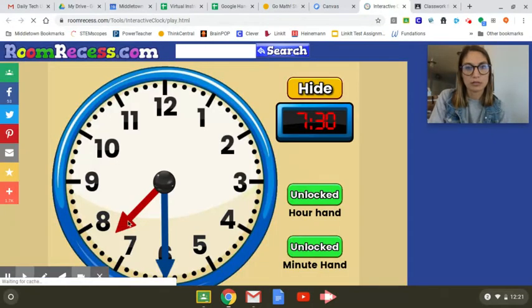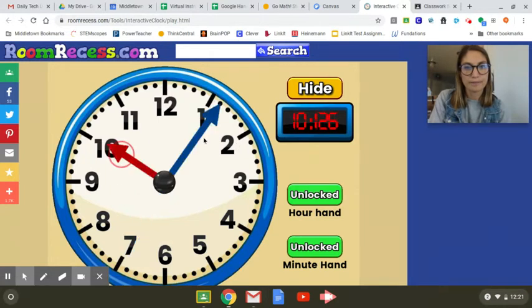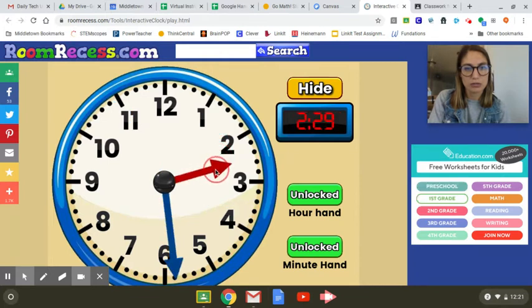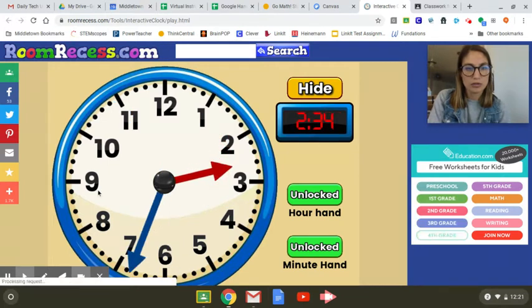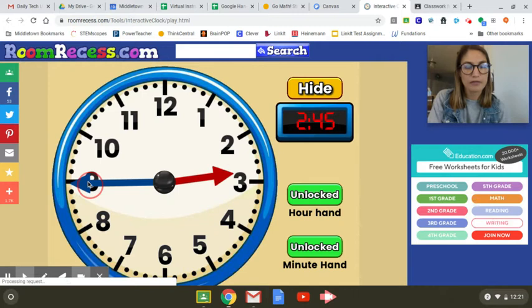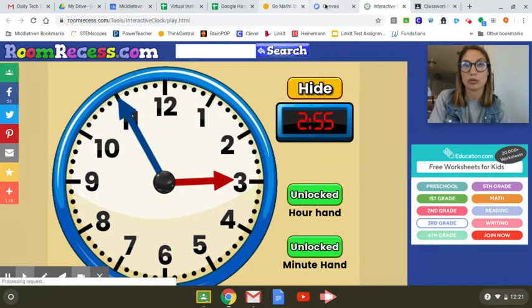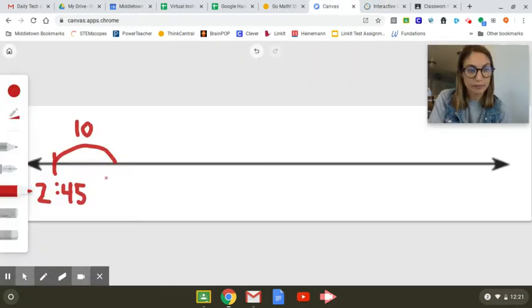Let me just set my clock to our starting time, 2:45. Okay, and I want to go forward 10 minutes. 5, 10. Okay, so it is 2:55. All right, so we took care of that.